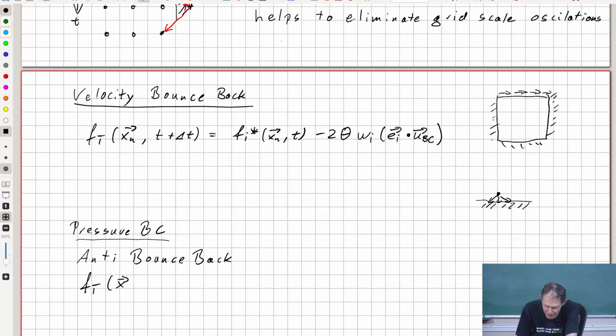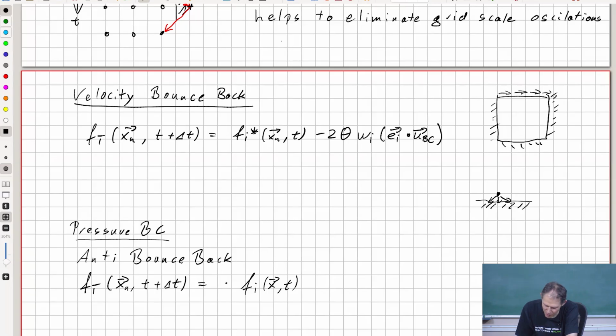So we have f_{-i} in the incoming direction at the position, say, at the first nodes at the entrance at a later time step. And here we have again the outgoing population, f_i at x and t. So this is bounce back. So how do we make anti-bounce back?